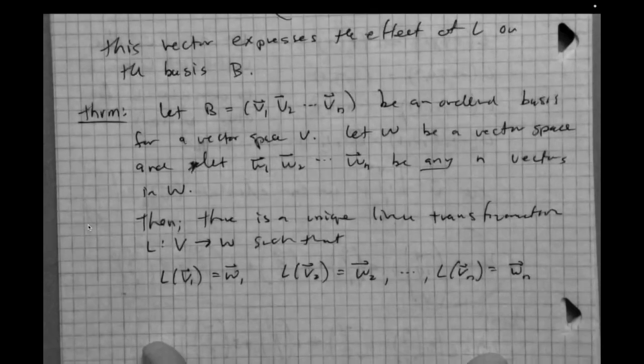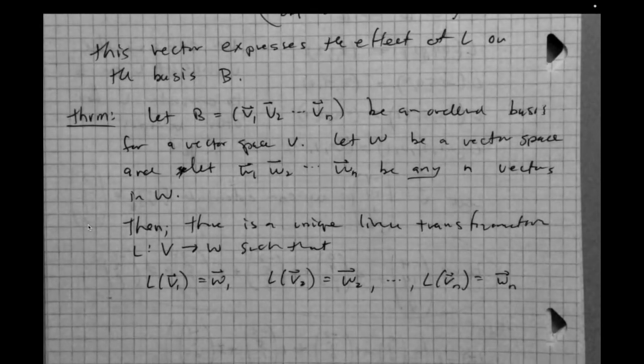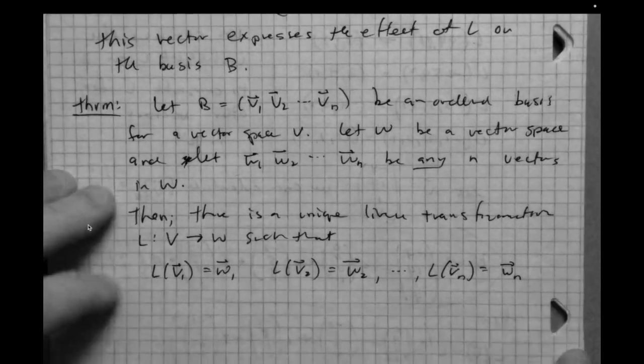This just shows you how versatile linear transformations are, right? If I start with an ordered basis for a vector space, and I have a separate vector space with any n vectors chosen arbitrarily, then it's possible to create a unique linear transformation that maps each one of those basis vectors to each of these n vectors from W.